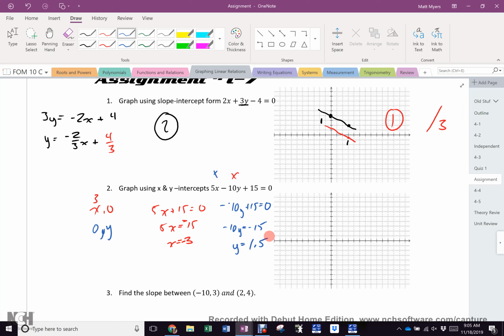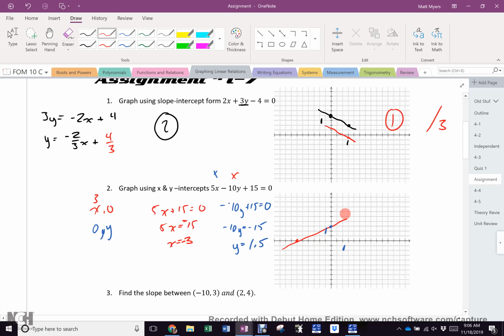I would use halves. So 1, 2. There is 1, 1, 2. There is 1. The y value is positive 1.5, 1, 2, 3. There's 1.5. The x value is negative 3, which is really how many squares when I use this scale? 6. 1, 2, 3, 4, 5, 6.